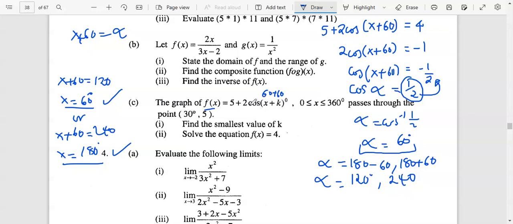If you've got a calculator, you can just punch in 5 plus 2 cos 120. It has given me 4. So that means it's correct.